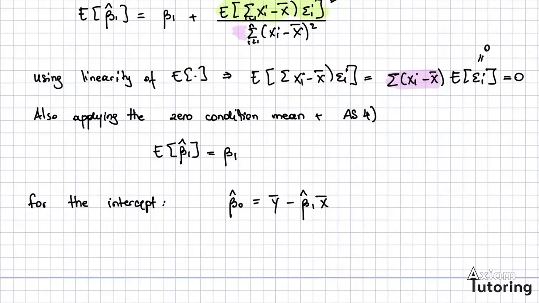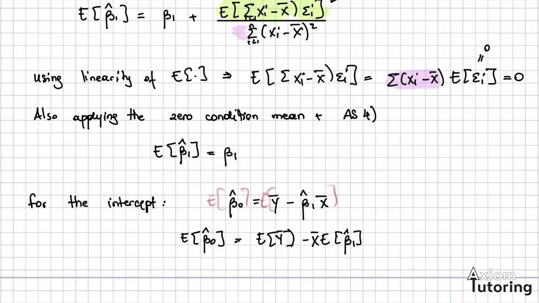From here, applying all over again the expectation on both sides, then we can re-express this as the expectation of the beta null hat equal to the expectation of y bar minus the expectation of beta 1 hat, and then I can just take the x bar being a number in front of this expression.